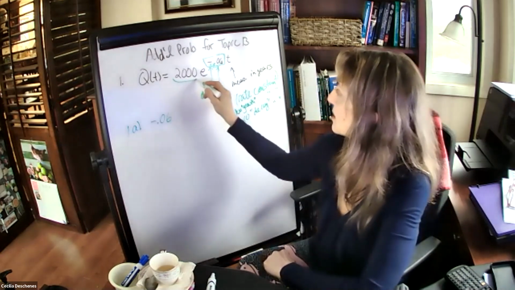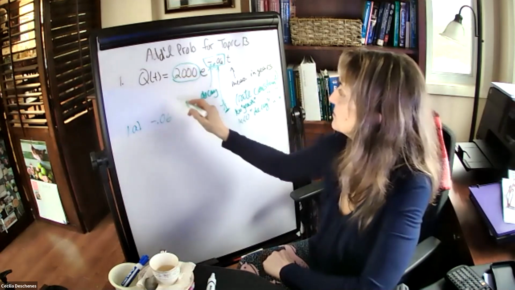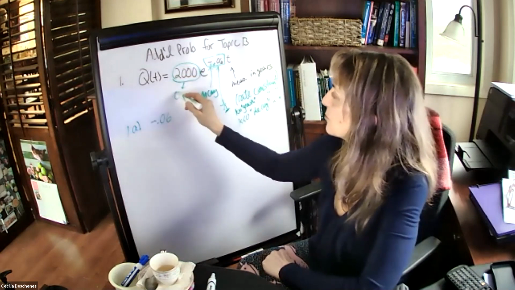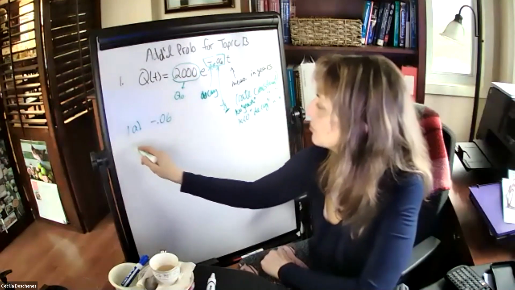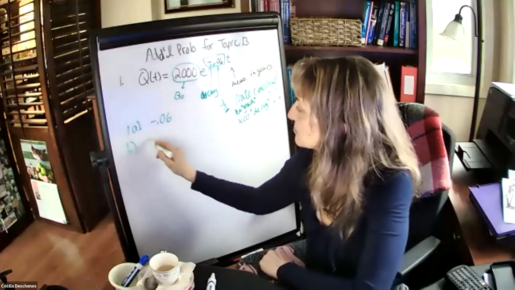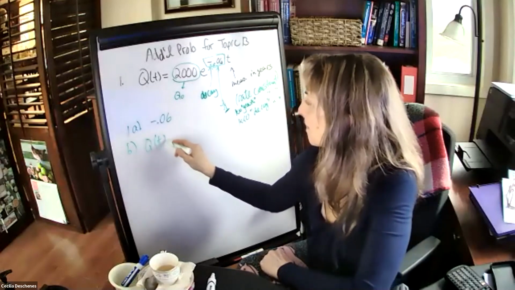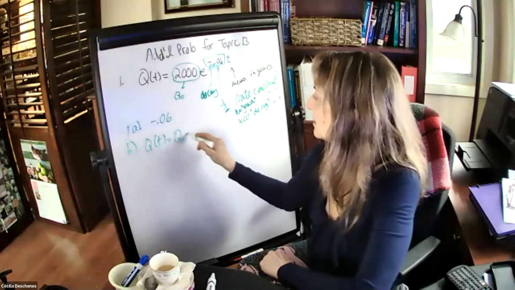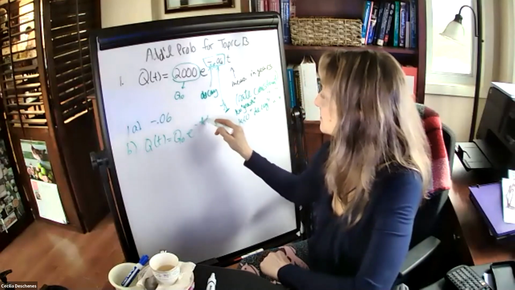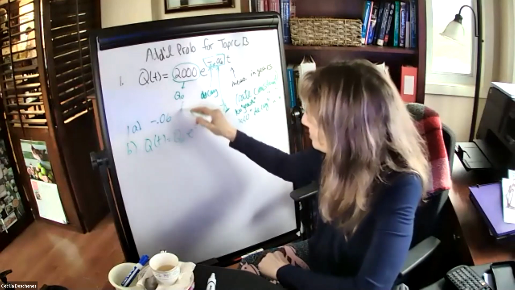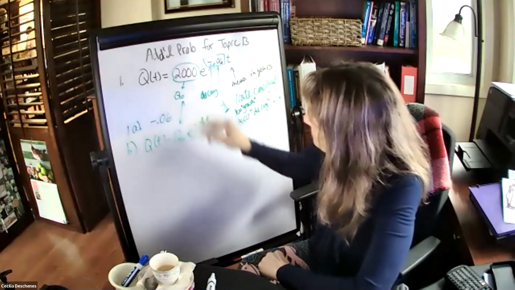So remember, the number that comes out in front of the exponential is what we refer to as Q naught. So the general form of these equations is Q of t equals Q naught e to the negative kt, where this is the initial quantity.